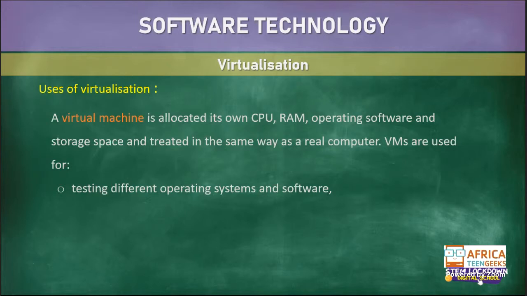Maybe it could be a virtual Android smartphone, where if you want to test your application, you just run it and then it runs on the computer as if it's running on a smartphone. So virtual machines are used for testing different operating systems and software.